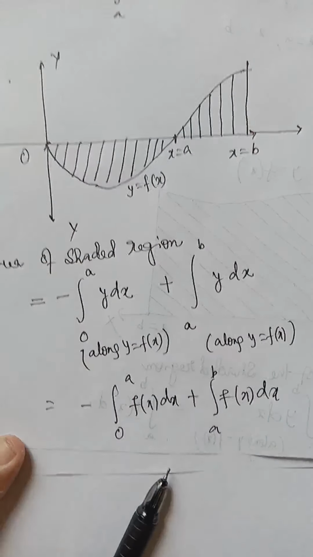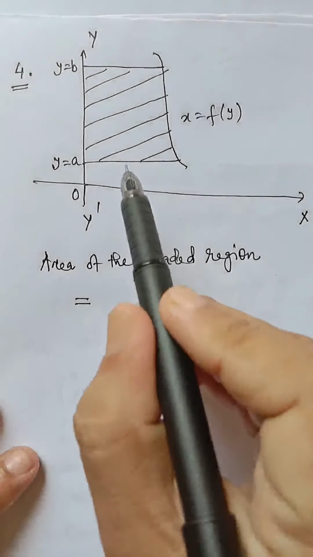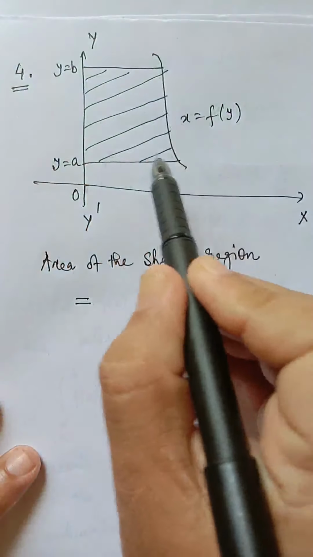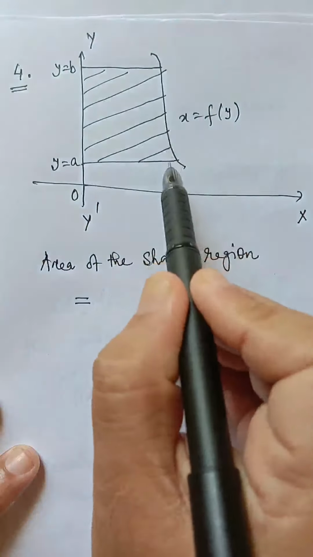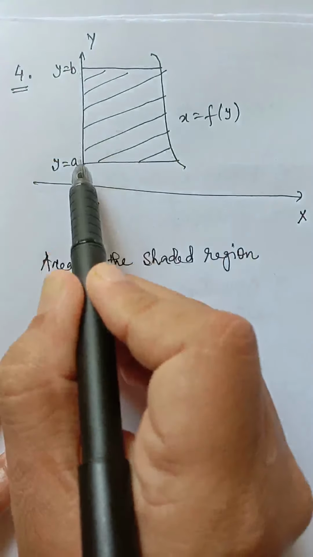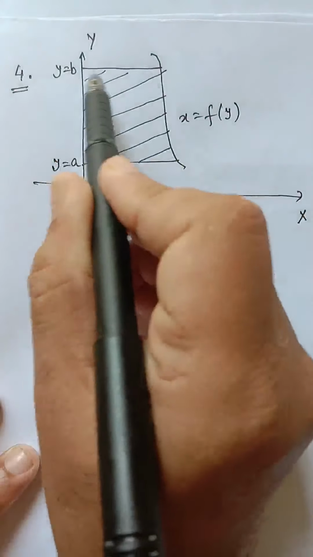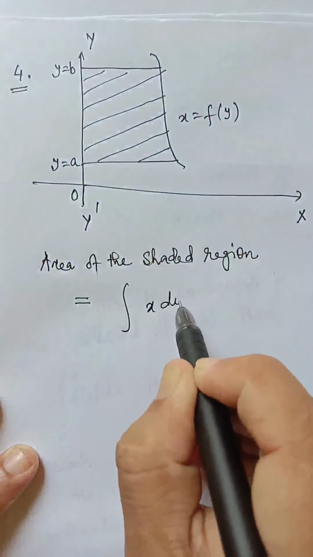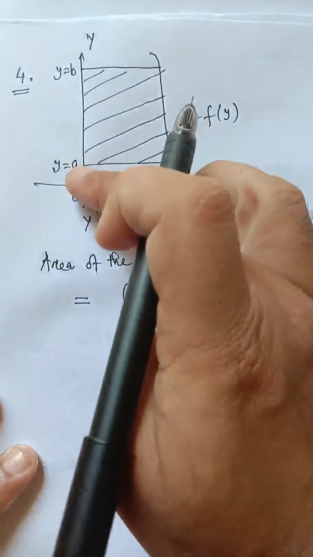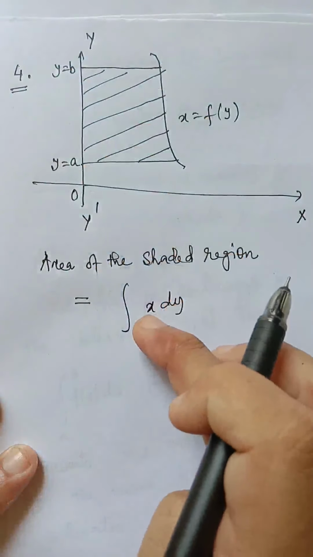Okay, next suppose you have to find the area of this particular region. Now you can see for this particular region one of the boundaries is the y-axis, so the area of this shaded region will be x dy. As the y-axis is the boundary, you have to write dy into x.